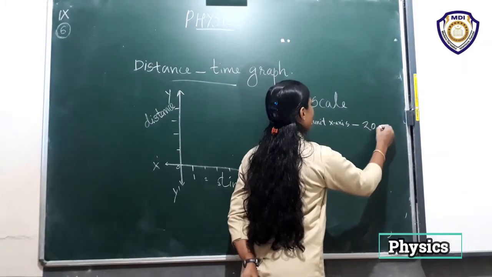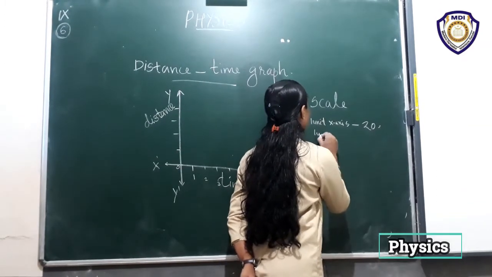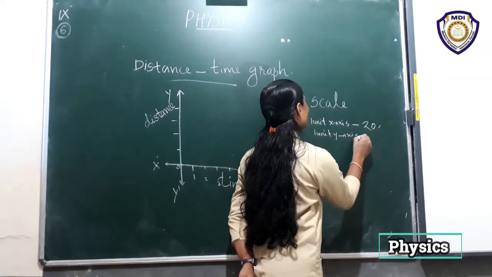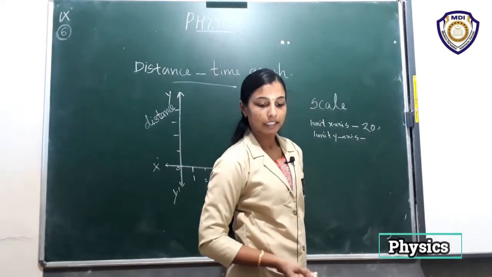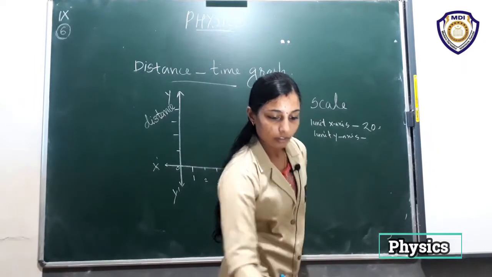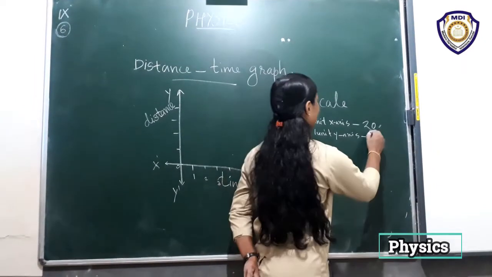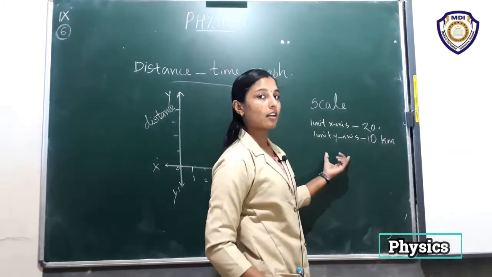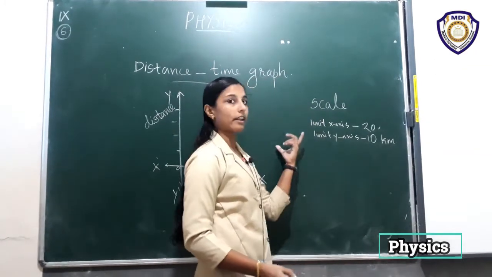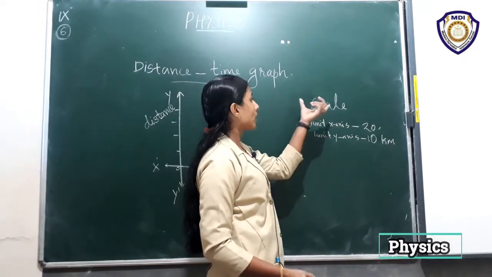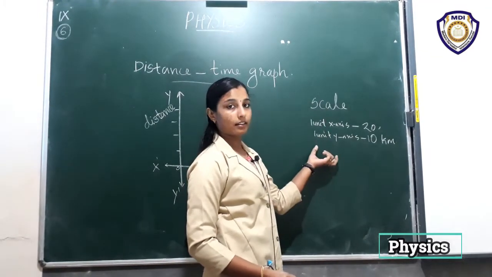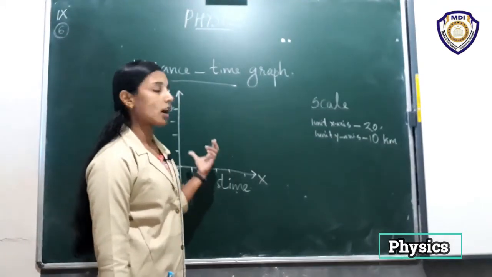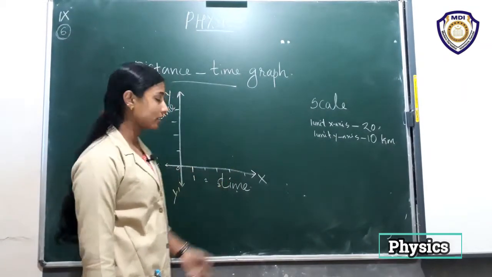20 seconds, right? And 1 unit of y-axis implies what? 10 meter or 10 kilometer, right? 10 kilometer. Okay, this is the scale. So while we are drawing a graph, we should know what scale is taken, so that we are able to interpret the graph, right?